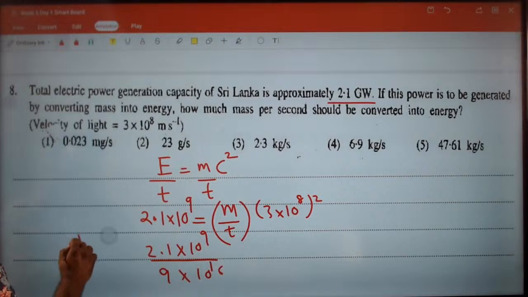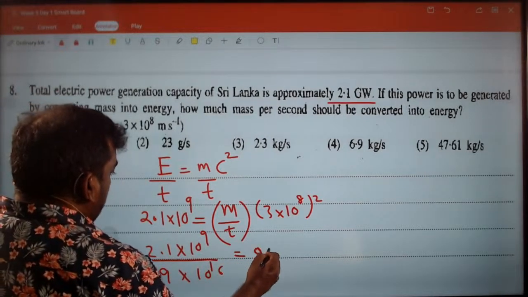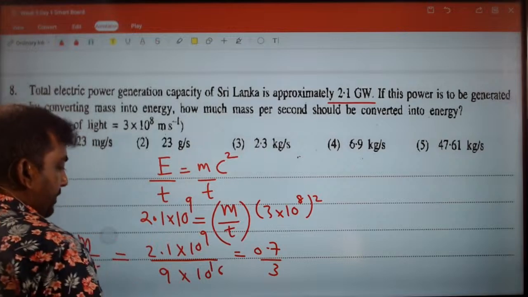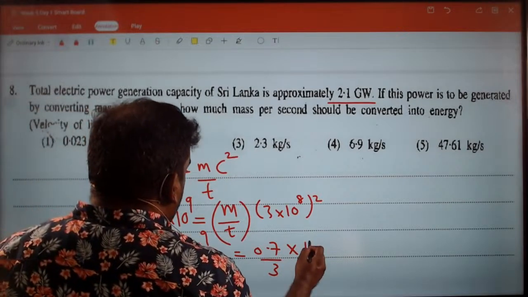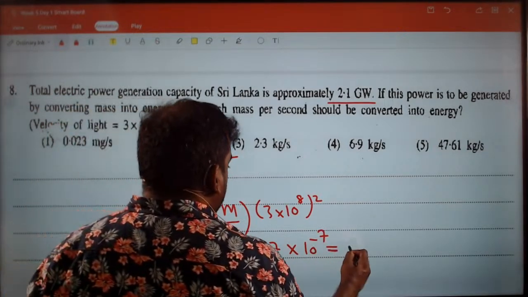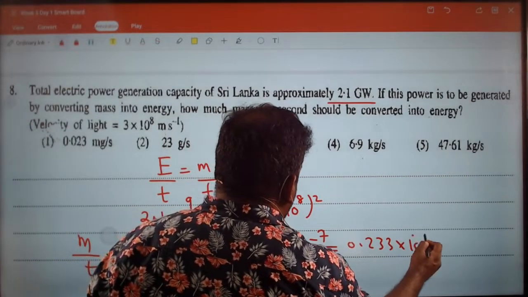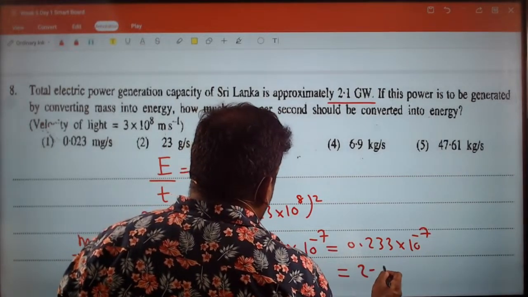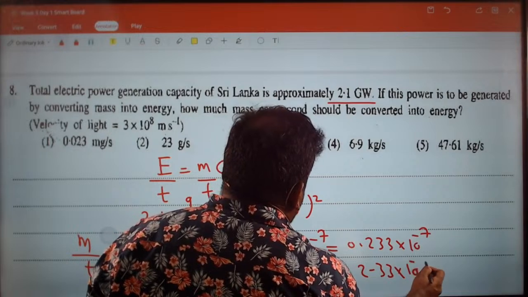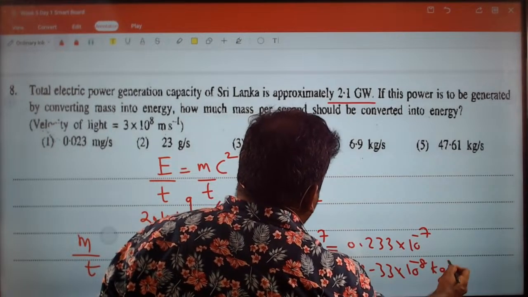So m over t equals 9 times 10 to the power 16 in the denominator. Look at the board. 3 times 0.7 over 3. Simplify this, 10 to the power minus 7. 0.233 times 10 to the power minus 7. Simplify this, 2.33 times 10 to the power minus 8 kilogram per second. Right.